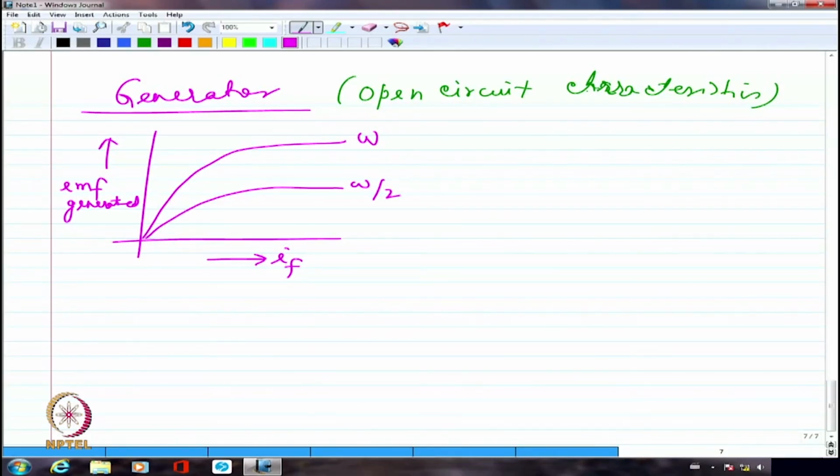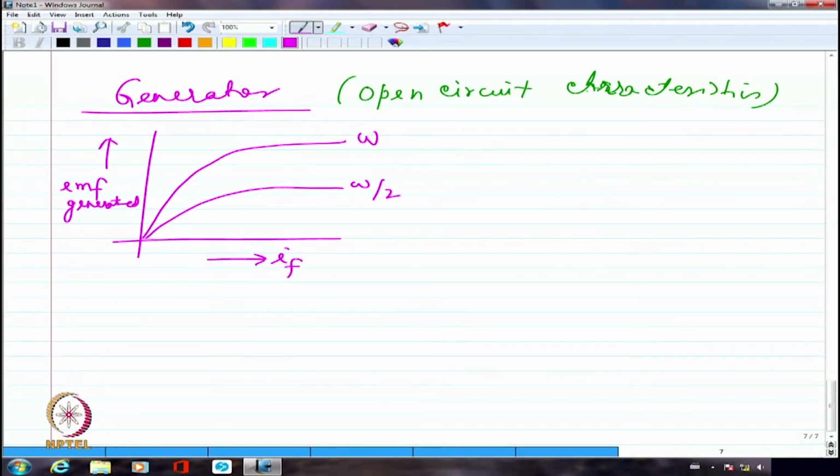Saturation creeps in when the flux in the iron starts dominating. Definitely I have two components of flux. One is due to the reluctance of the air gap, which is very, very small. When the flux in the ferromagnetic portion dominates over the flux created due to the air gap reluctance path, saturation slowly creeps in.